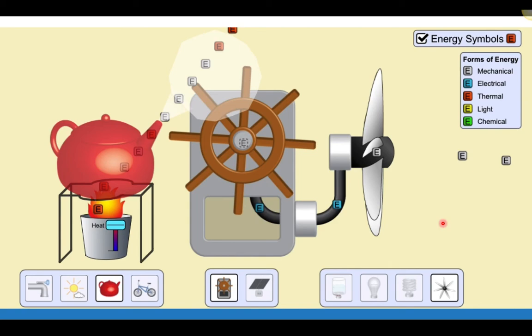The one type of energy that we didn't see here is chemical energy. If you wanted to, you could go to the PhET simulation, Energy Forms and Changes, and put a bicycle here for the source.